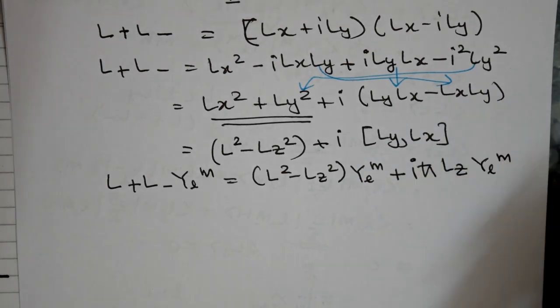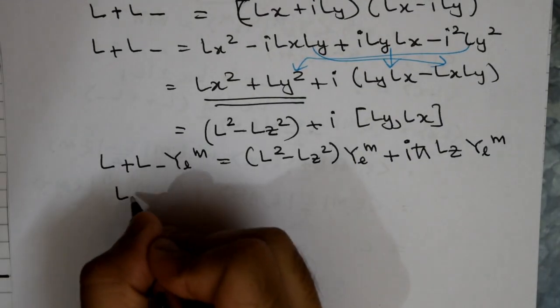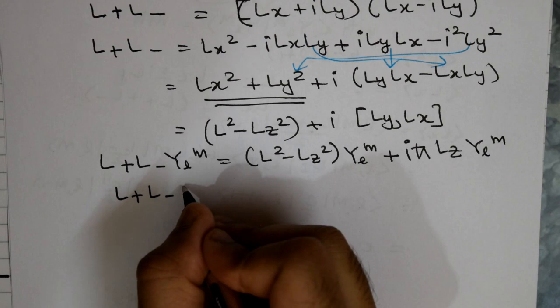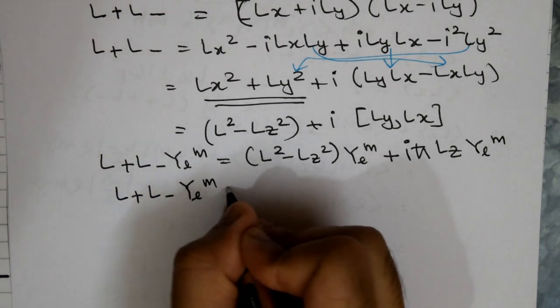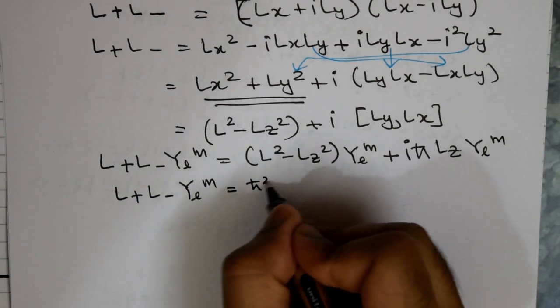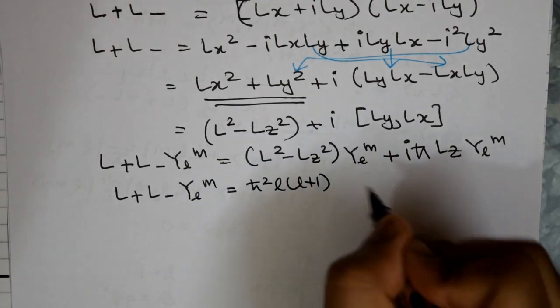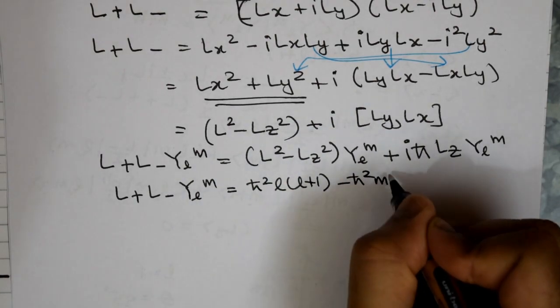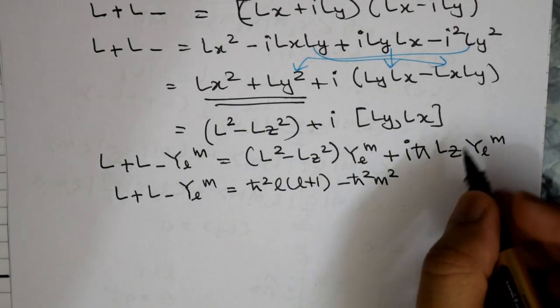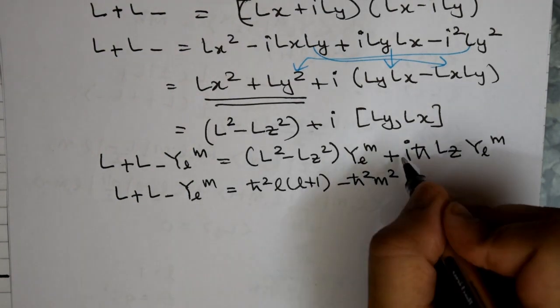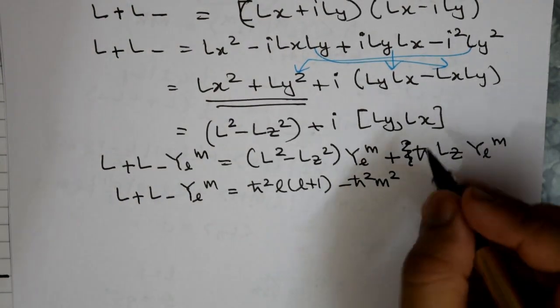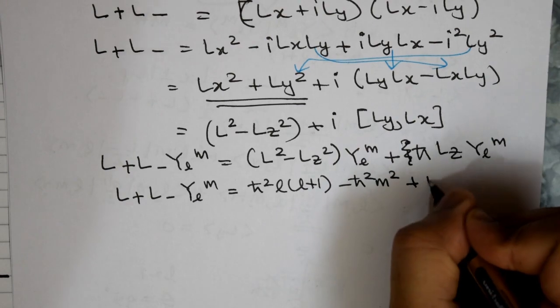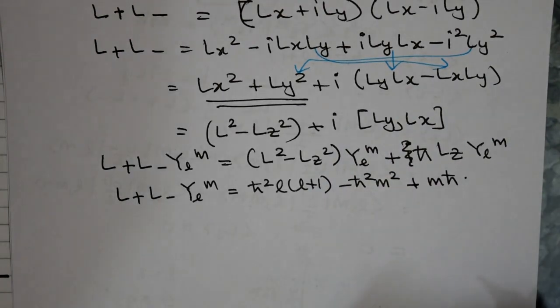So what will this end up happening? L plus times L minus Ylm will be equal to h cross squared L into L plus 1 minus h cross squared m squared, right? The i won't be here because the i squared would have gotten cancelled, plus m h cross, right?